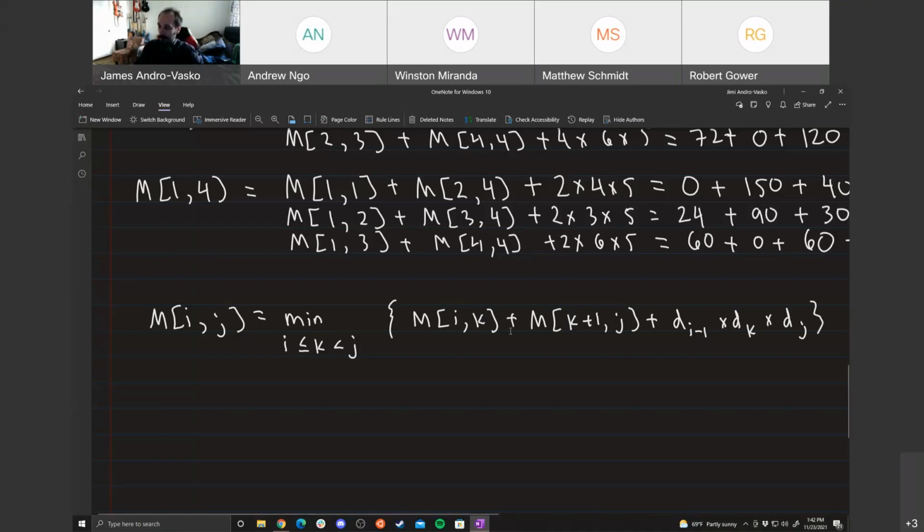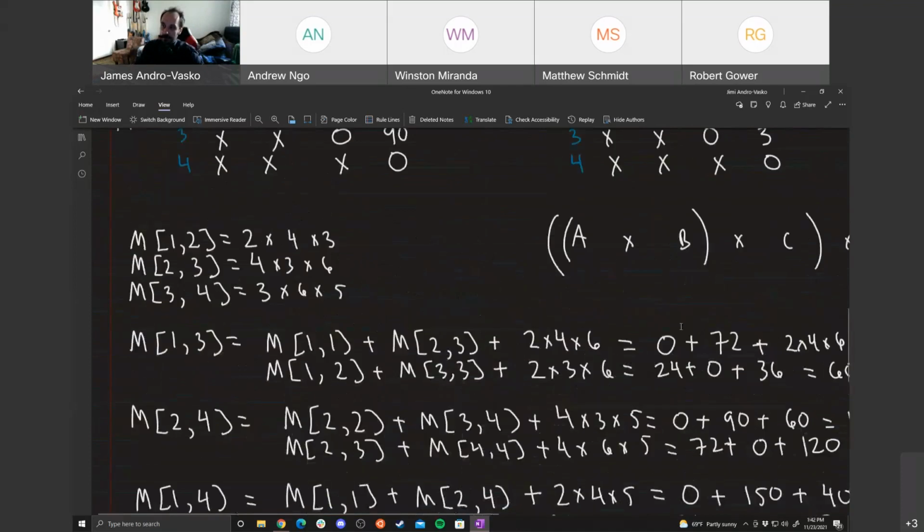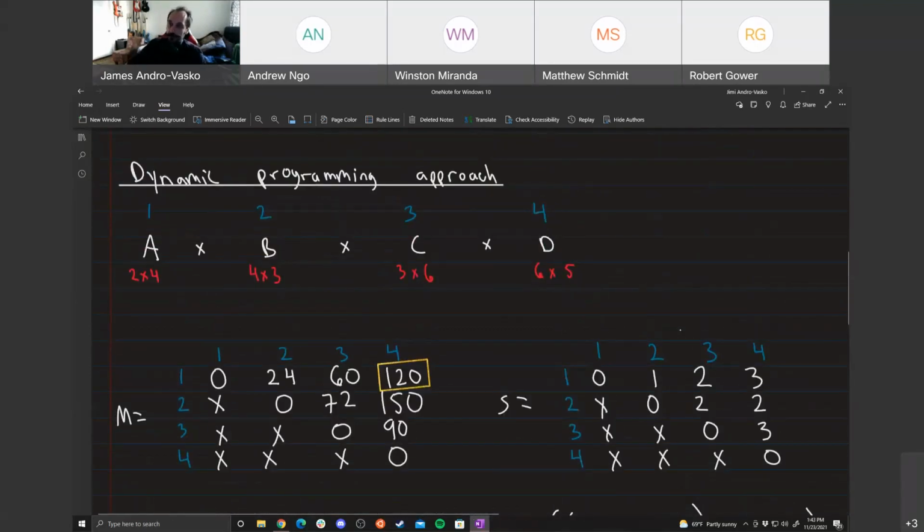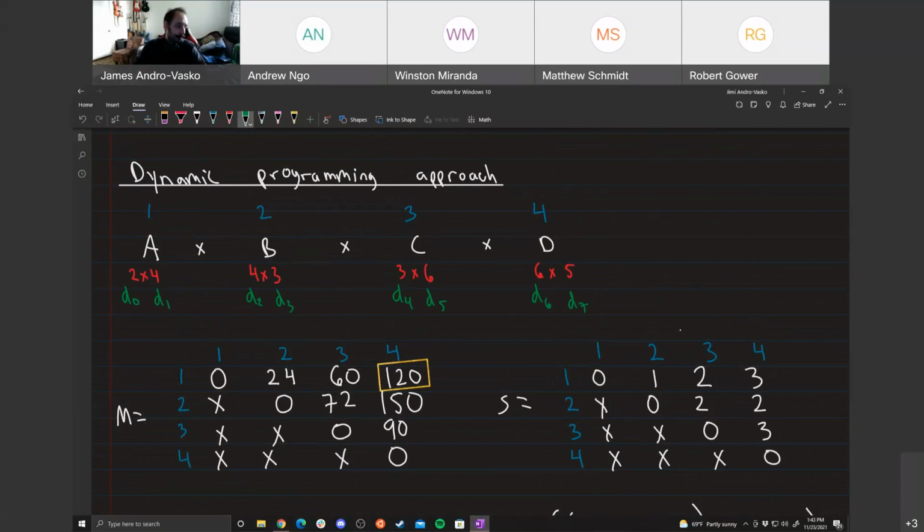And basically, here's how we can look at these d values. So let me just go up here for a second. This will be d0, d1, d2, d3, d4, d5, d6, and d7. Let me double check to make sure I got those indices correct. Oh, I made a mistake. I'm sorry.